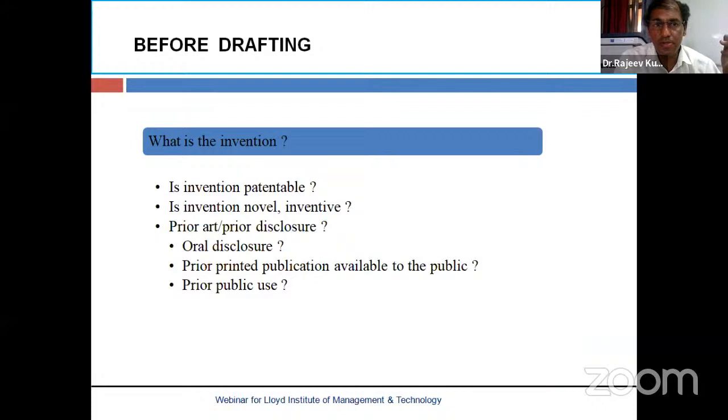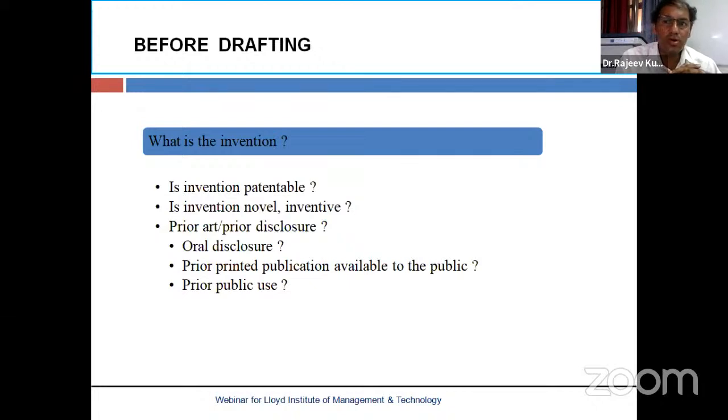Is the invention patentable? These are the different questions which come when we have started drafting an application. So we, as a patent agent, have to draft an application, and we generally come across different kinds of disclosures which come from the university, different faculty members. They provide us with their disclosures, and we have to be very sure that these are actually patentable.